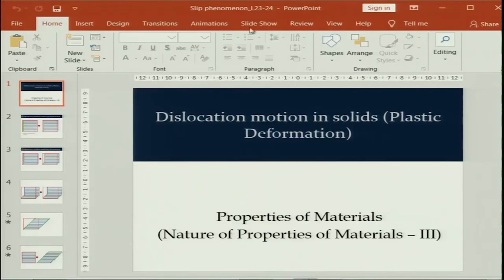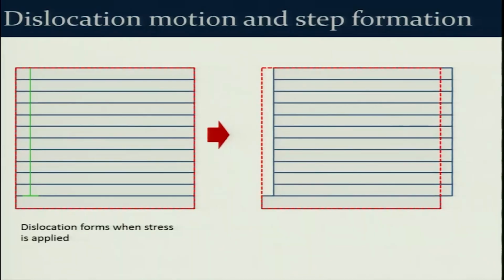So, on the left we have a perfect part of the crystal, the perfect crystal. In this crystal, on the left, I create a dislocation. This dislocation is created by pushing an extra row of atoms from the neighbor.